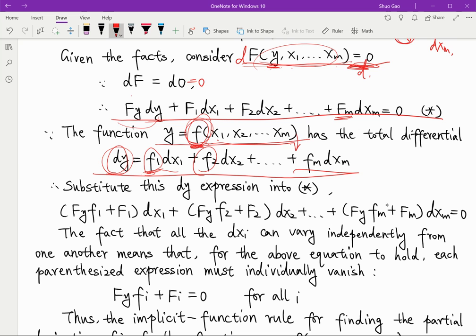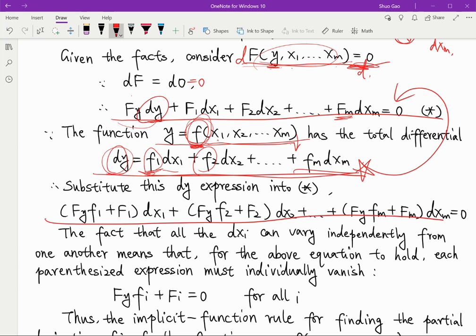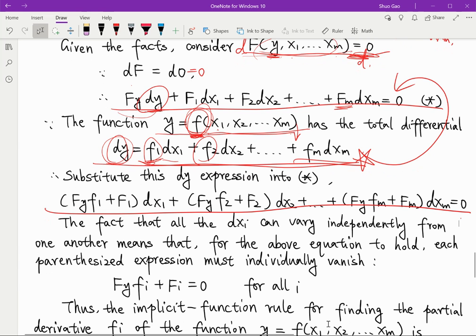So we can substitute this equation into here, right? We can replace the dy using the right-hand side of this equation, and then we can combine the common terms. We combine these two equations and find this, okay?